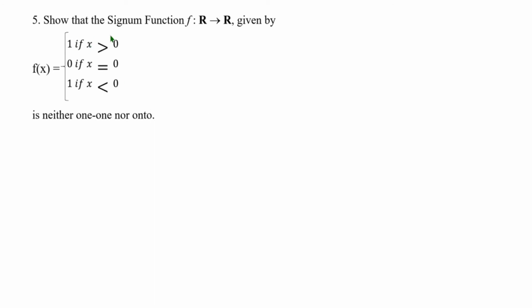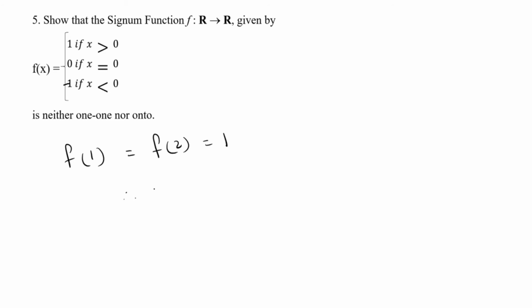Question. Show that the signum function f from the set R of real numbers to the set R of real numbers given by f of x equal to 1 if x greater than 0, 0 if x equal to 0, minus 1 if x less than 0, is neither one to one nor onto. So here f of x equal to 1 if x greater than 0. So when we take f of 1 is equal to 1 and f of 2 is also equal to 1.